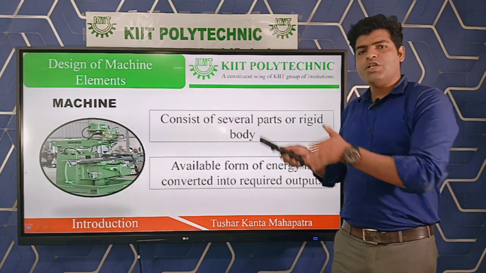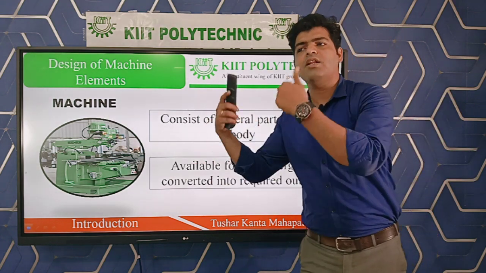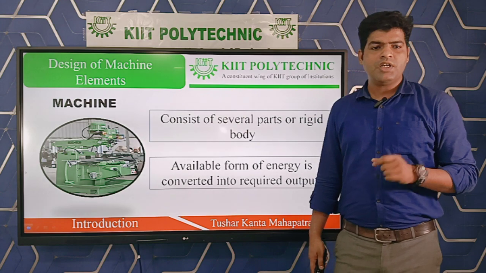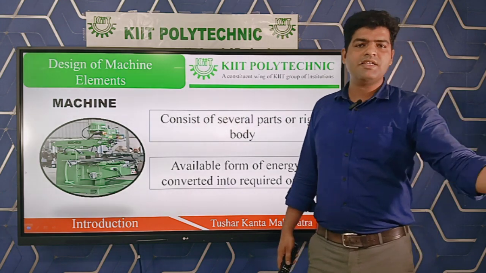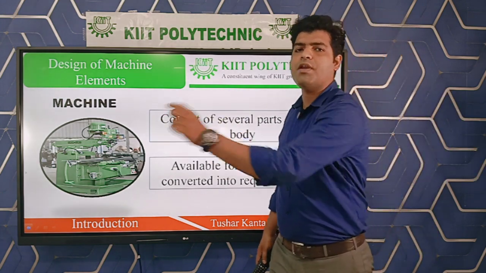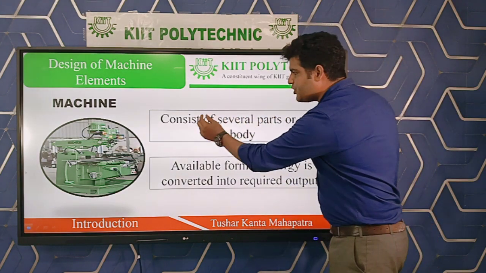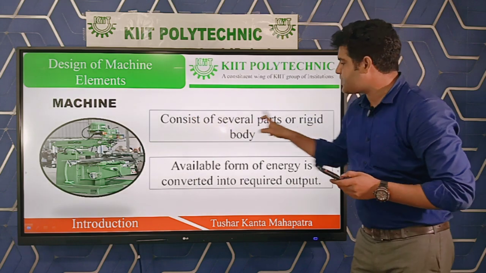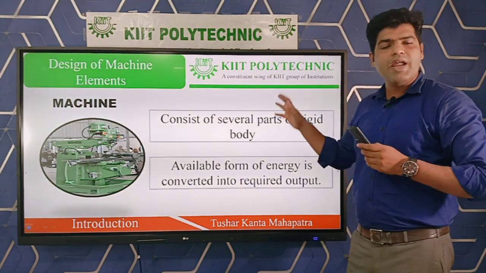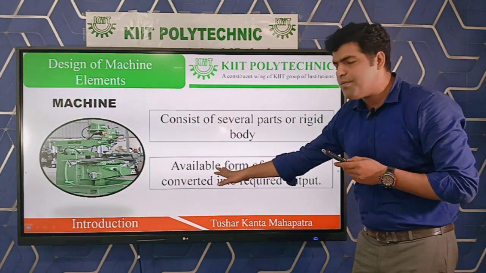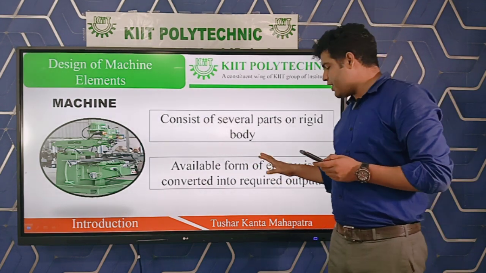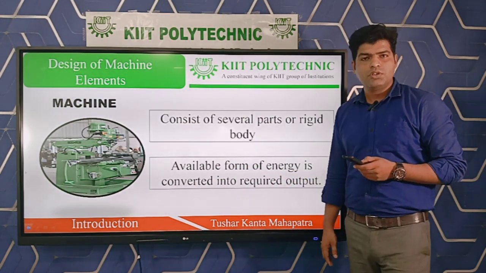And we put in the parts and then the operation is complete. The form of energy is electricity, and the required output is our mechanical work. So, to summarize, a machine consists of several parts or rigid bodies in such a way that the available form of energy is converted into the required output.